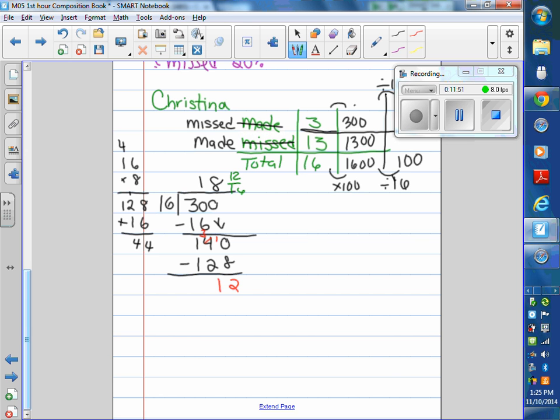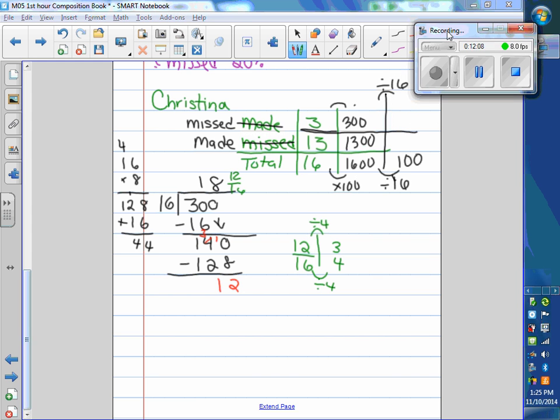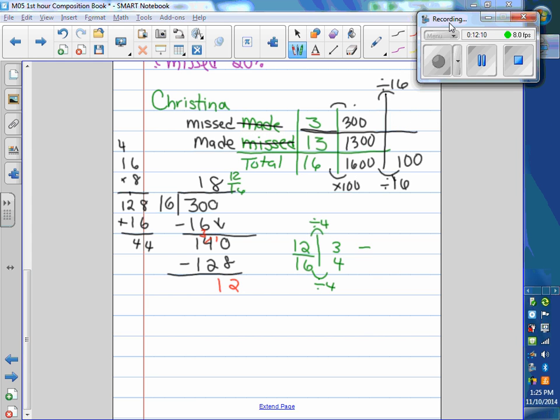Is 12 sixteenths reduced? What is 12 sixteenths reduced to? 3/4, because I could divide by 4. So that's a much more challenging problem, but it's still doable. So 18 and 3/4 we could think of as 18.75.